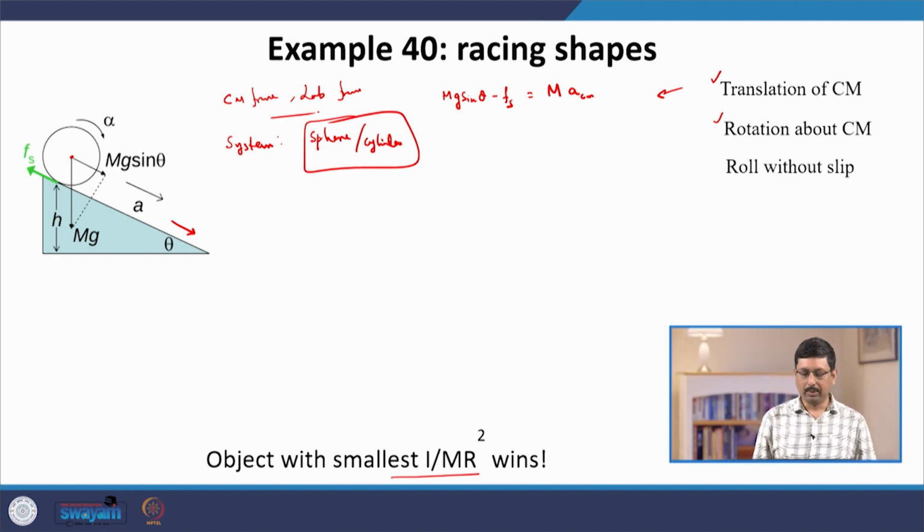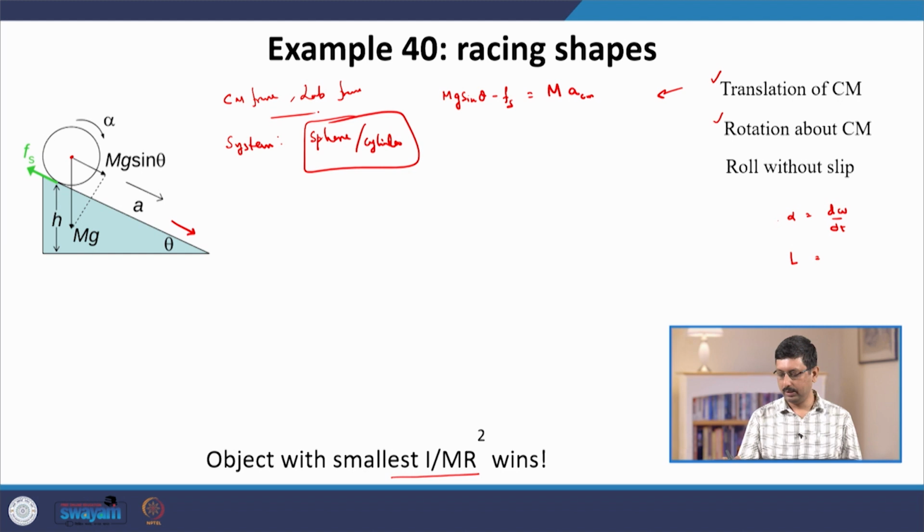Now, about the rotation about the center of mass. We saw that alpha is d omega dt. This is a particularly simple case where the angular velocity is fixed and along the axis of the object, and the angular momentum and angular velocity are in the same direction.